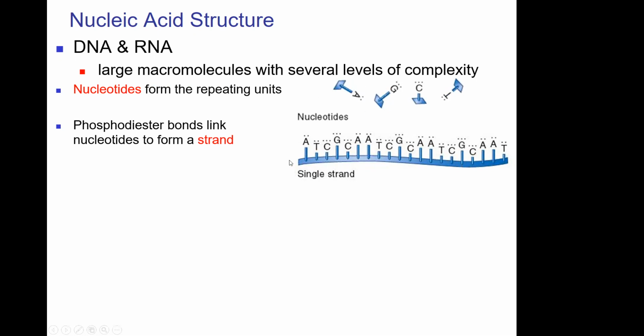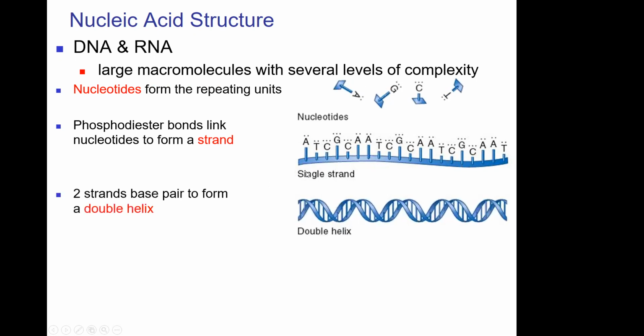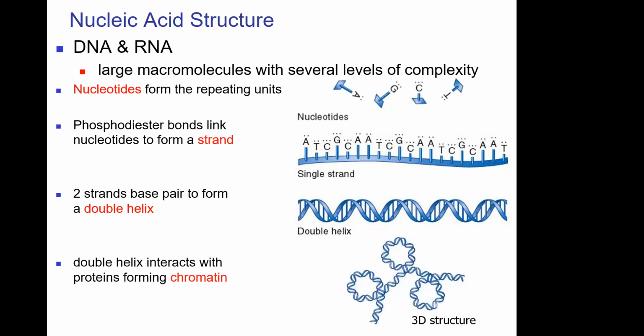But those nucleotides are joined to form strands. And the strands for DNA will be able to base pair, generally forming a double helix, although there are examples of organisms like viruses that just have single-stranded DNA. DNA will interact with proteins, forming chromatin in eukaryotic cells, and other structures like supercoiling in bacterial cells.